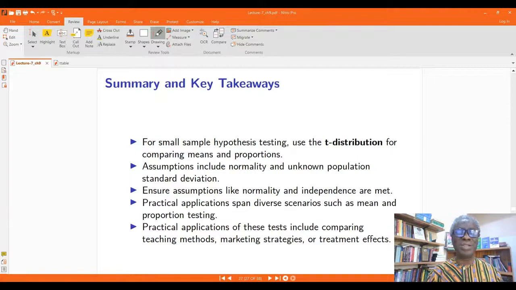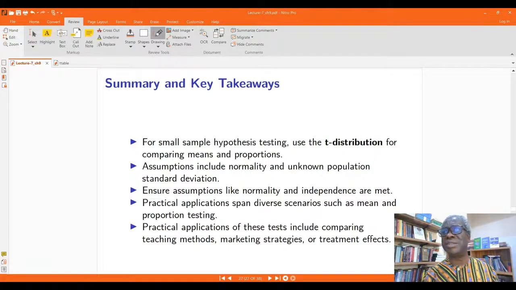So we have also looked at practical applications, and there are many practical applications that we can still talk about, which may include, if you are comparing, we have looked at teaching methods, marketing strategies. In medicine, you could also look at treatment effect.